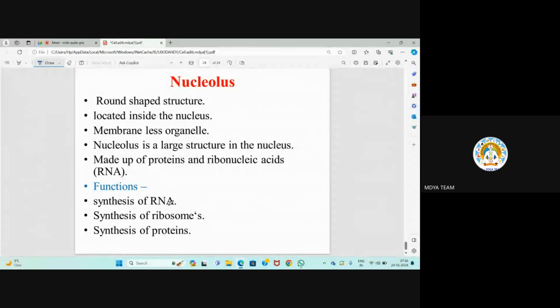So these are the two kinds of proteins, or rather, from this RNA, protein is translated. RNA carries genetic material that is translated by ribosomes into various proteins. And there are many types of RNA, like messenger RNA, that is mRNA, rRNA, tRNA.